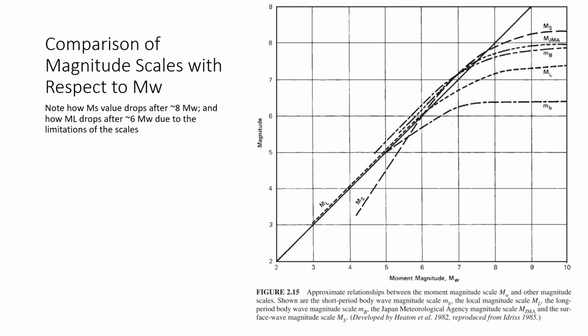Now, if you look at the local magnitude, it is more or less consistent with the moment magnitude until you hit around magnitude 6. After magnitude 6, your local magnitude scale starts to drop, so it starts to measure smaller values, which is due to the limitation of the method.